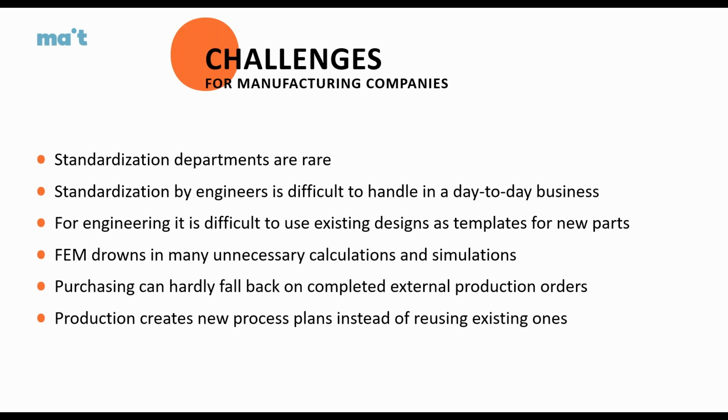So what happens is, if you do not find an existing model, then of course you have to create it from scratch, which means you create the 3D model again, you create the 2D drawing, you have to select the material, you have to regenerate the strength calculation.